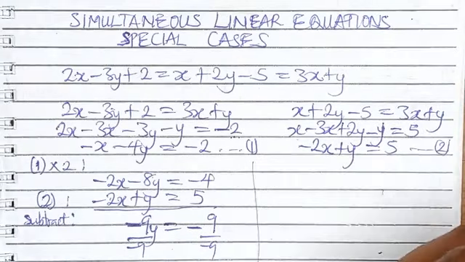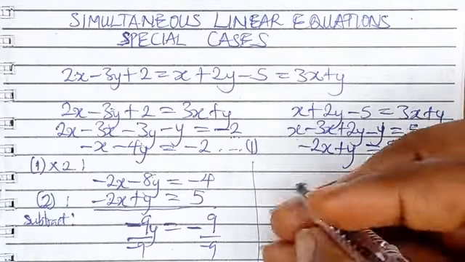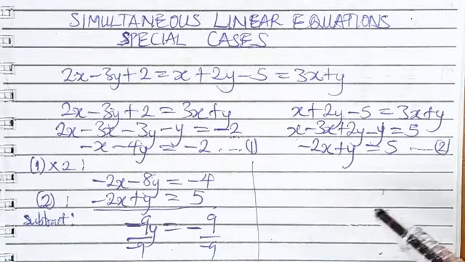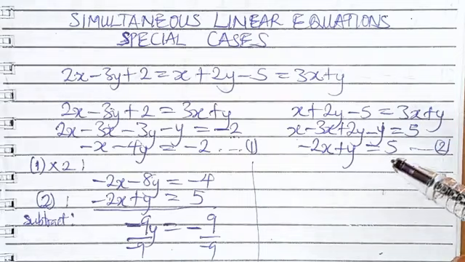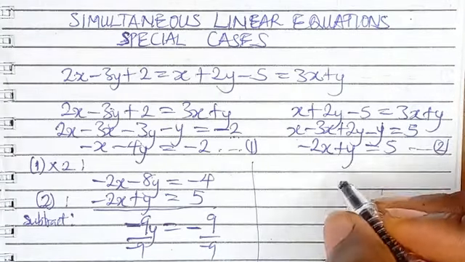Now on this side, I'm going to solve for x. And then when I solve for x, we are going to substitute into, maybe let me use equation 1, or let me use equation 2 that we already have here.